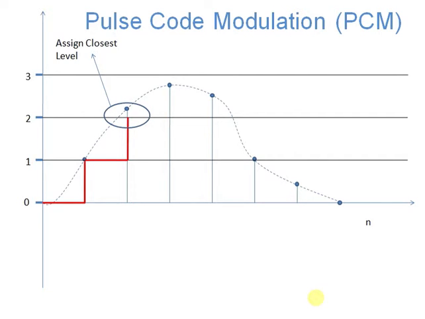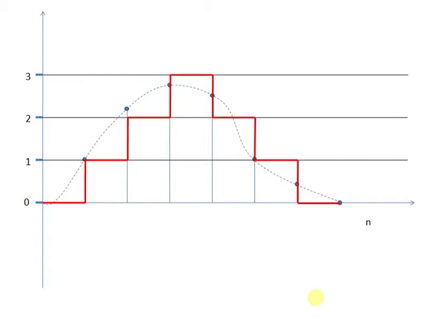The sample does not have a fixed amplitude level, so we are rounding it off to the nearest level. In a similar way, this sample is being rounded off to the upper level, or it is being noted as 3. In this way the entire signal is rounded off, or in other words quantized.